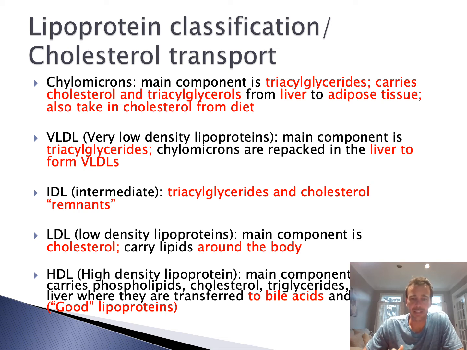These are the high density lipoproteins because the main component is protein. They carry phospholipids, cholesterol, triacylglycerol, and the other components of the HDLs back to the liver where they are transferred into bile acids and secreted. So these are the good ones because essentially you're getting rid of a lot of the cholesterol and triacylglycerides.